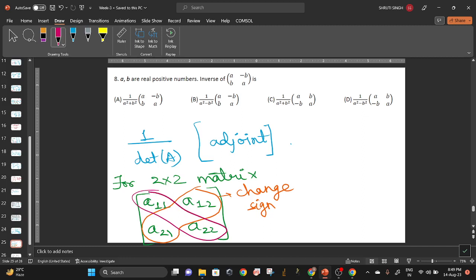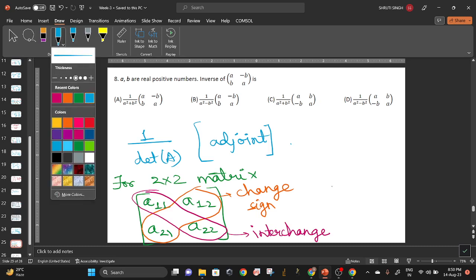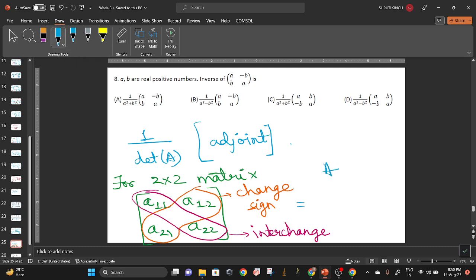So after interchanging, I will get A22. This one I have to change sign, this one I have to change sign, and this one is interchanged, A11. So this will be the adjoint.